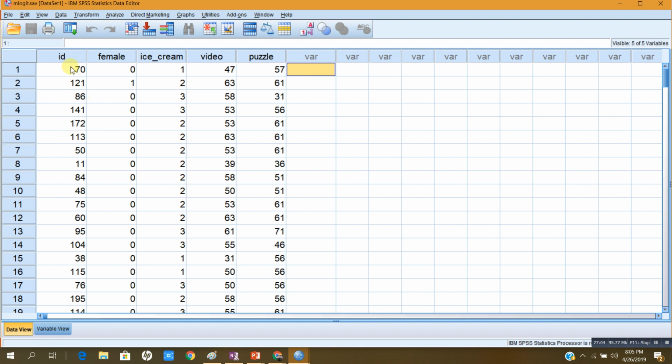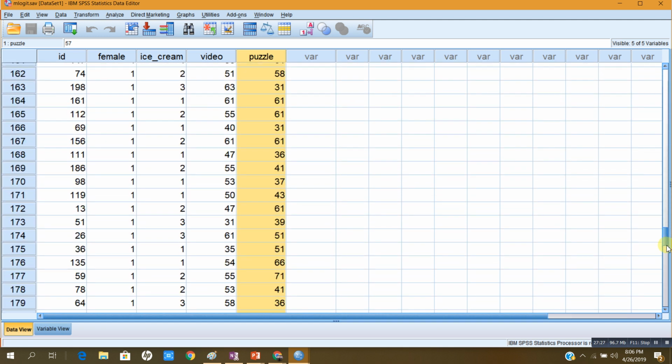There are 3 categories. These are scores on video test and these are scores on puzzle test, and this data starts from observation 1 till 200, because I told you that there are a total of 200 students in this analysis. You can see here that the total number of students involved in this analysis is 200.